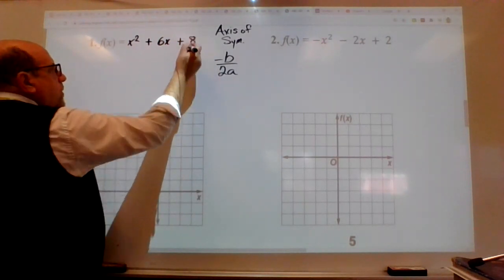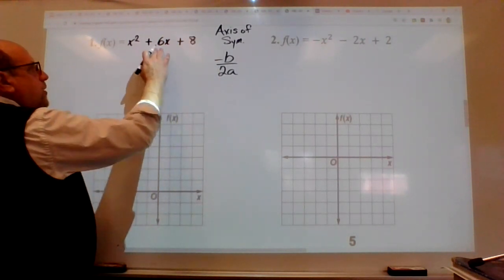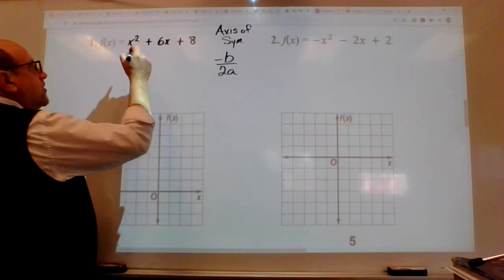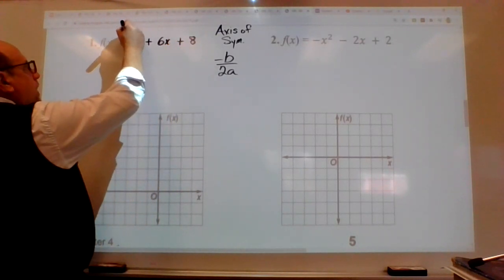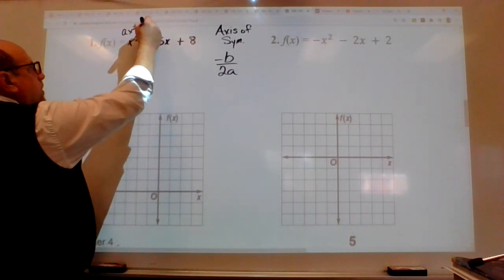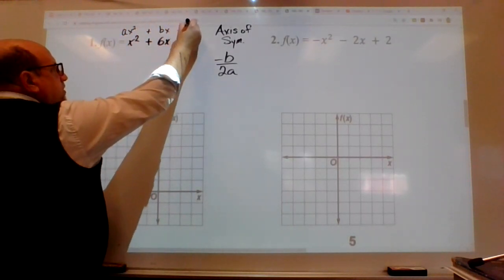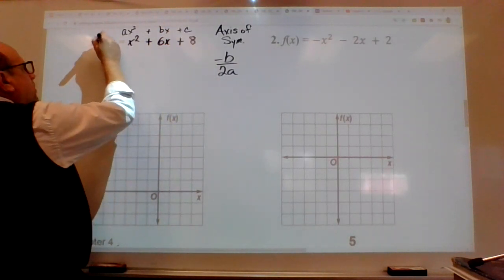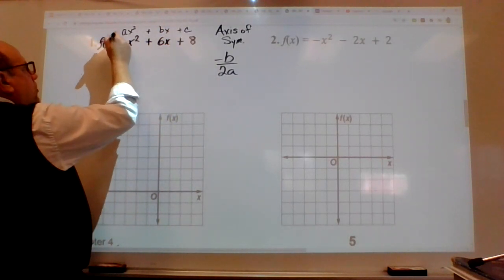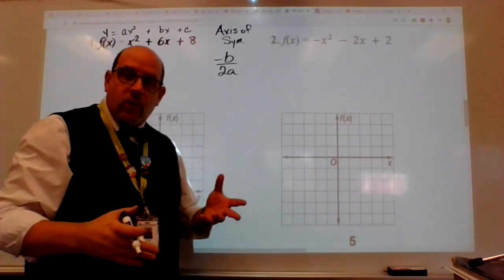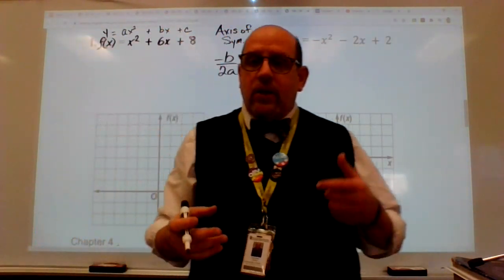We have the quadratic equation x squared plus 6x plus 8, okay? And this is in that form, ax squared plus bx plus c equals some function of x or y. You know, when you put it into a calculator, where do you put it? You put it in the y equals section.